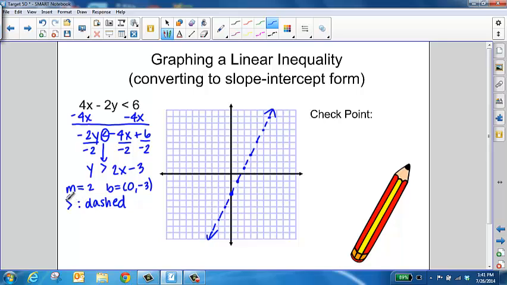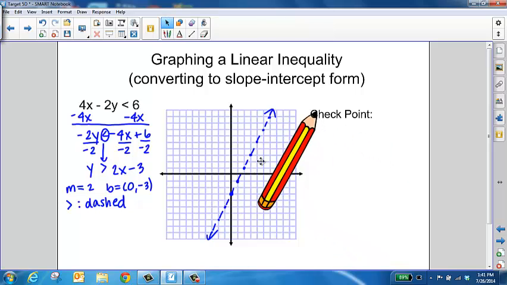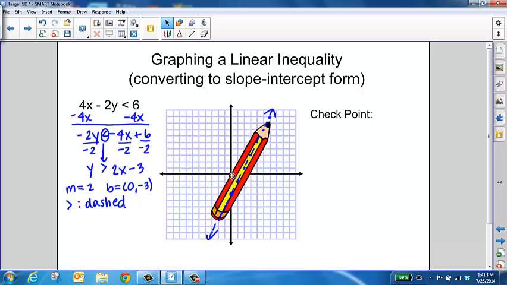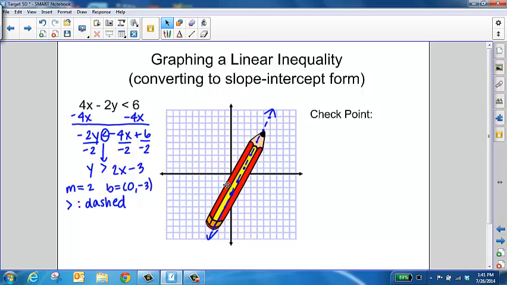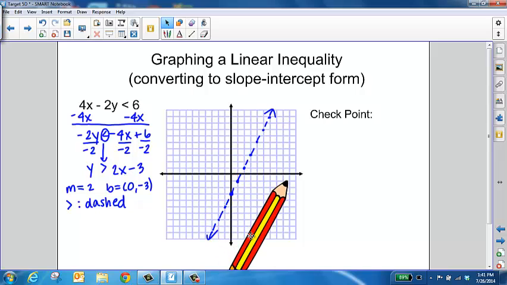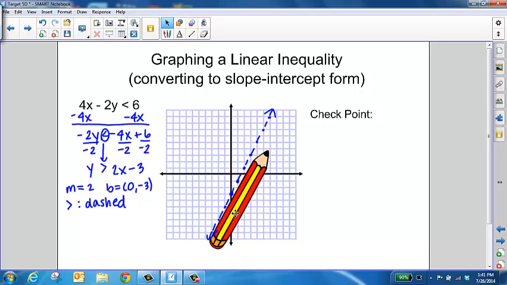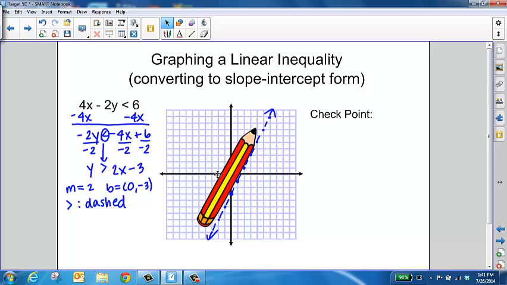Now, since this is a greater than symbol, again, we need to figure out which side we're going to shade. So take your pencil and line it up on that boundary line. If we want greater, that means we want everything that's above or higher than that line. Because if we were going to shade below, that would be everything that's less than, but we want everything that's greater than.